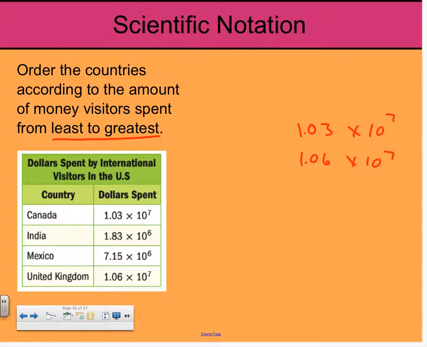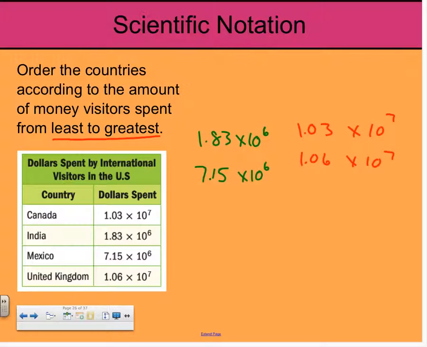Now, we know these other two, 1.83 times 10 to the 6th and 7.15 times 10 to the 6th, will be the first two. So now the thing is, we've got to put these in order, all right? So if the base is the same and the exponents are the same, what do we look at to see if the number is bigger?